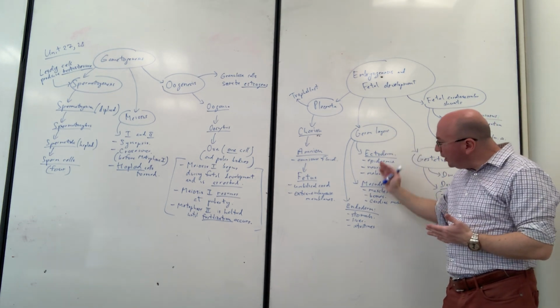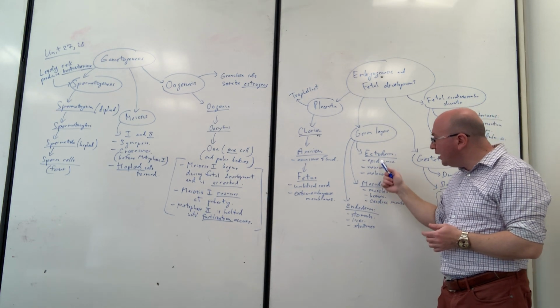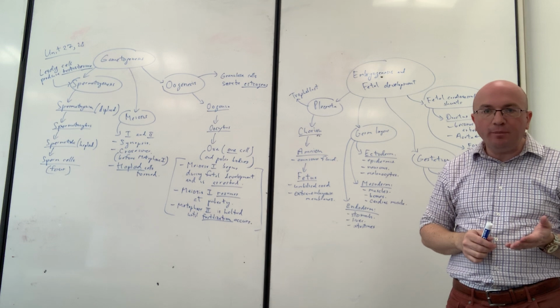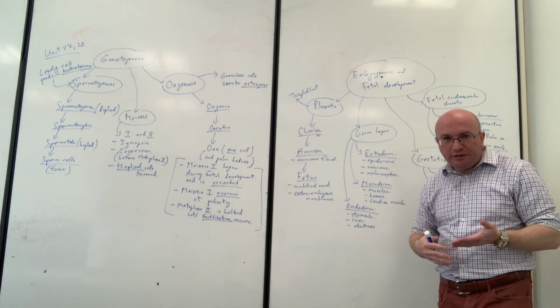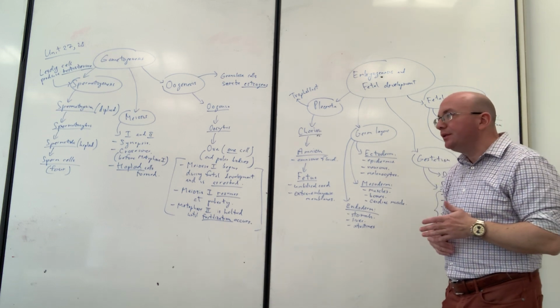So when I'm naming these germ layers, you need to know the names of the germ layers and a few examples of what organs they will become once organogenesis is complete, which is the formation of the organs.